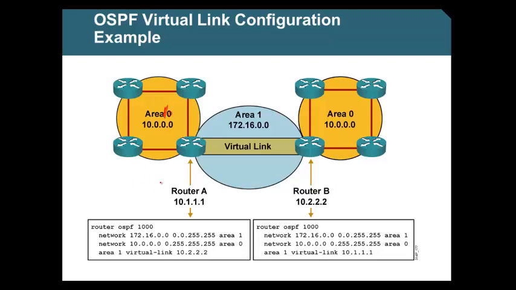Why do I need a virtual link? Because area 10 is not connected to the backbone, area 0. Good. So try this and let me know. I will also do this lab in some time, but you will also try later.